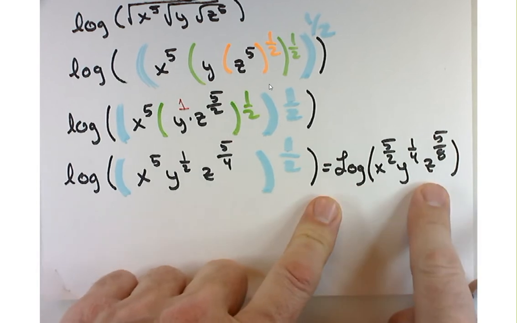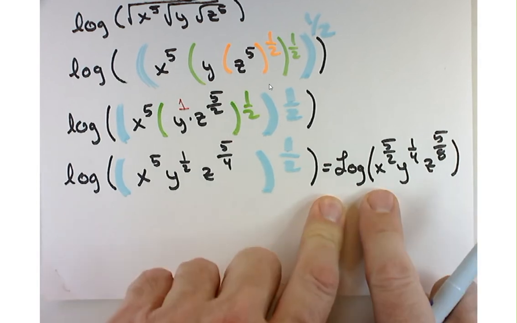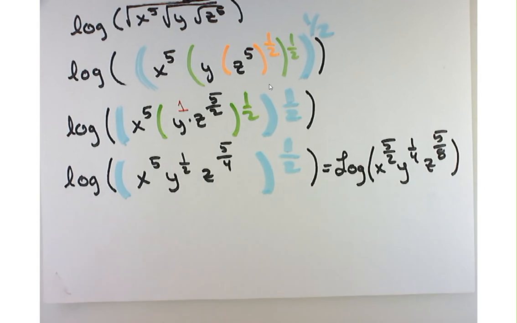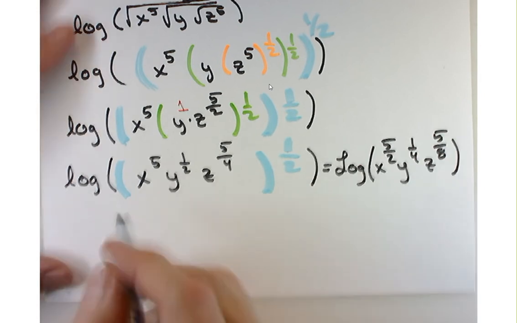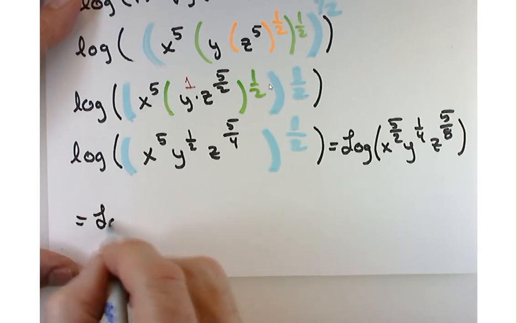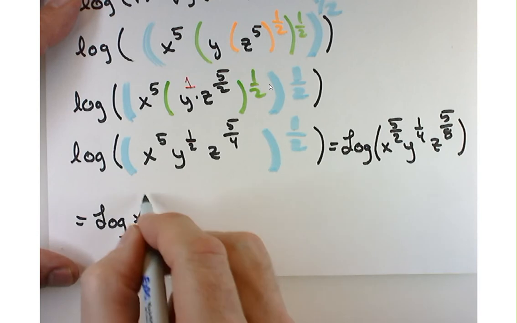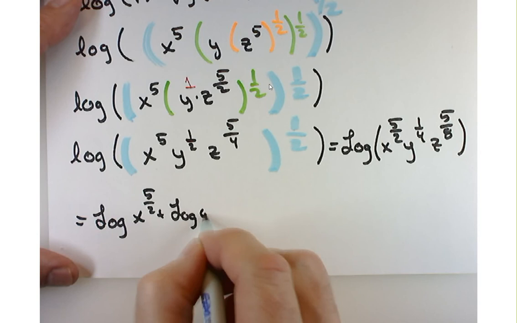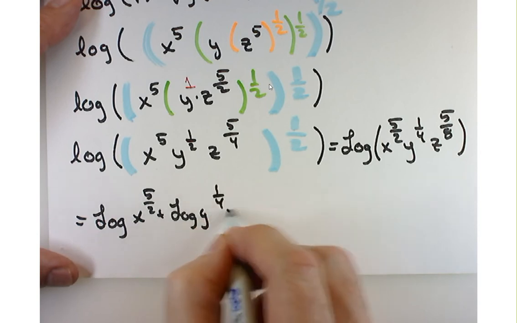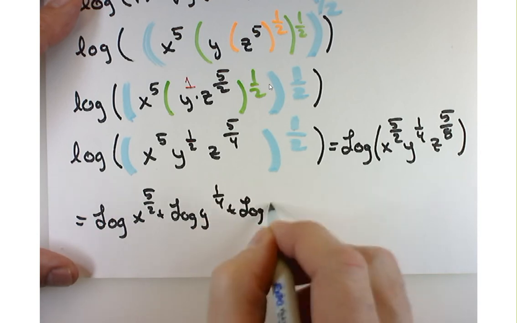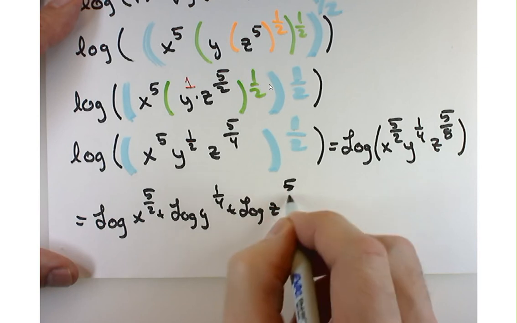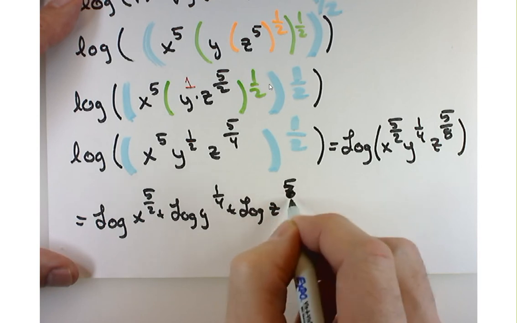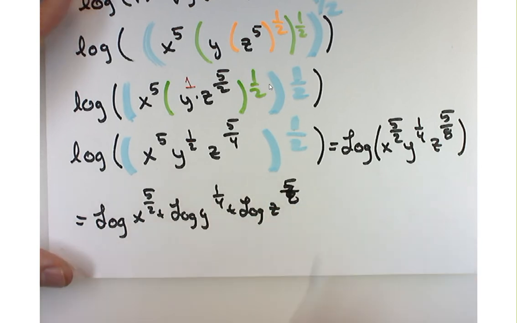This is really nice. This is like what we had earlier. The log of a product becomes the sum of the logs. So this would become the log of x to the 5/2 plus the log of y to the 1/4 plus the log of z to the 5/8. Almost done.